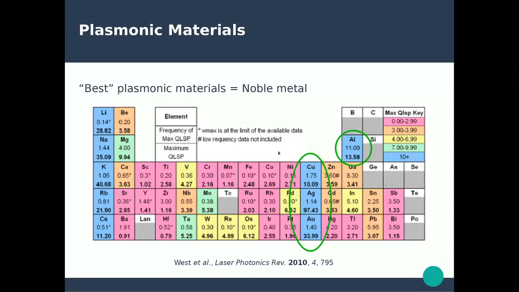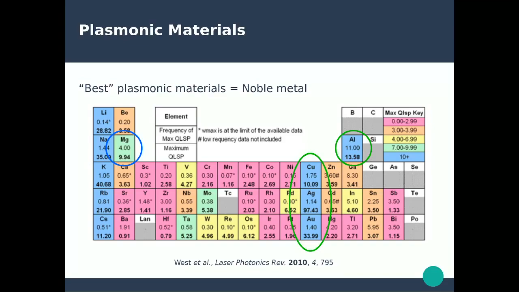There's been additional work as well exploring new types of materials that can exhibit plasmonic properties. I'm not going to discuss that for the moment here. I can just mention one of them, which is magnesium, which has been shown to exhibit interesting plasmonic properties. You can also achieve plasmonic properties from very heavily doped semiconductors, which is beyond the scope of this lecture.